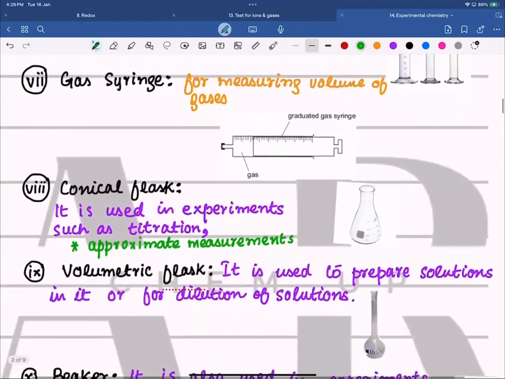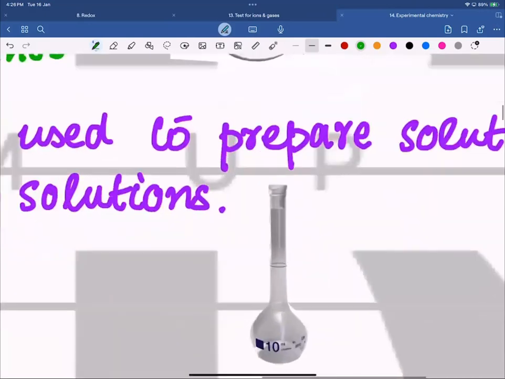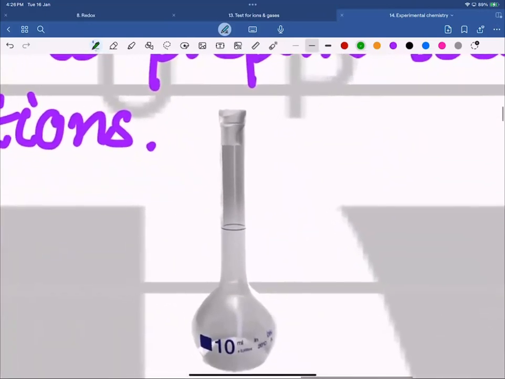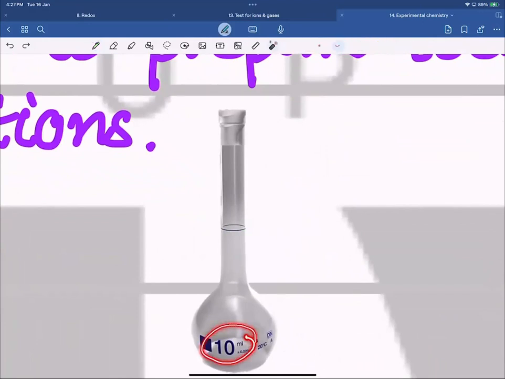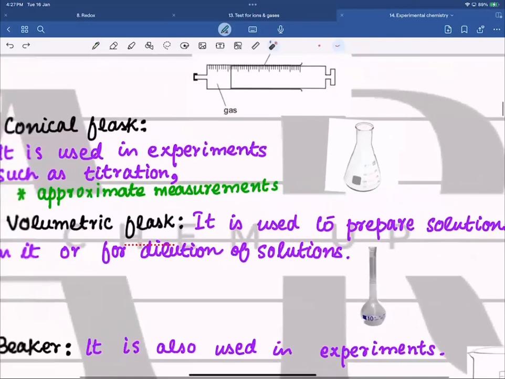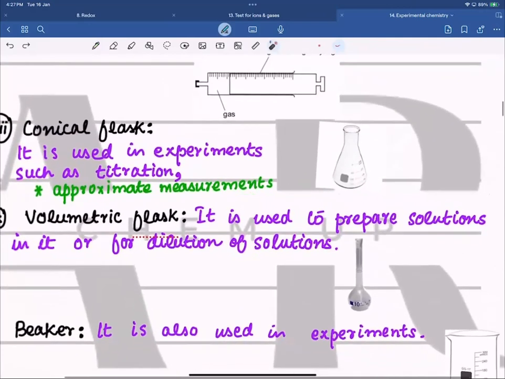Okay, now the volumetric flask. If you see, a volumetric flask looks like this. There is one mark over here, and basically this mark and the volume written over here tell you the capacity of this volumetric flask till this mark. It is normally used to prepare solutions, and when we need to dilute a solution.